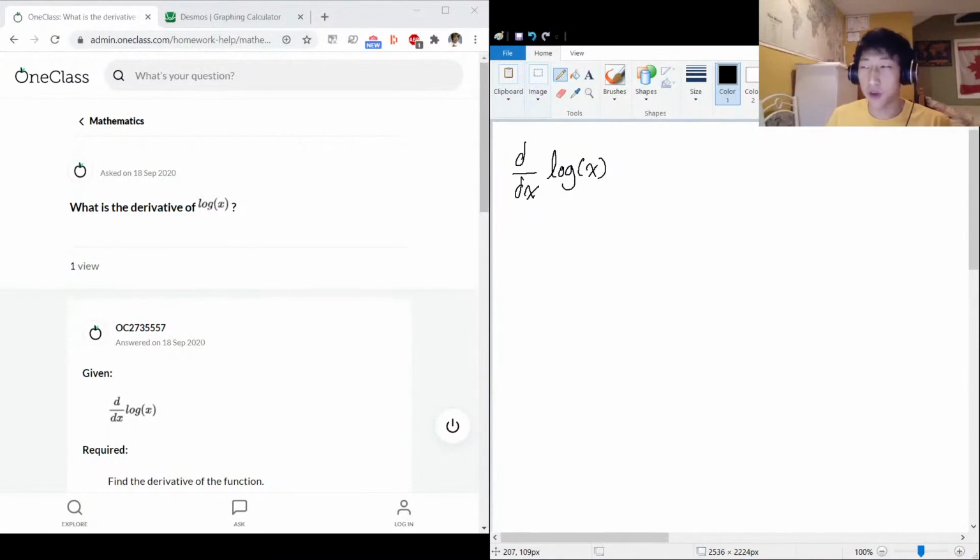Well, this is one of those differentiations that you're going to need to keep on your tool belt real nice and handy, because it is likely that you will see this rather commonly.